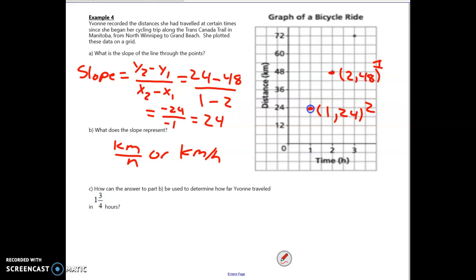We found our slope was 24 kilometers per hour, and we're going to multiply that by how many hours she has. So that'll be 24 times 1 3/4. I'm just going to get rid of the mixed fraction, so 24 times 7 over 4.